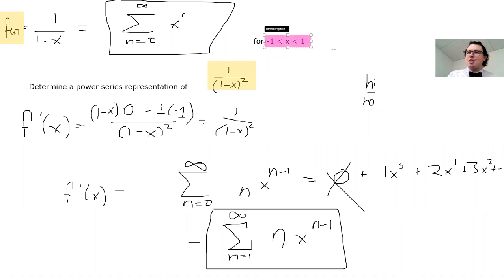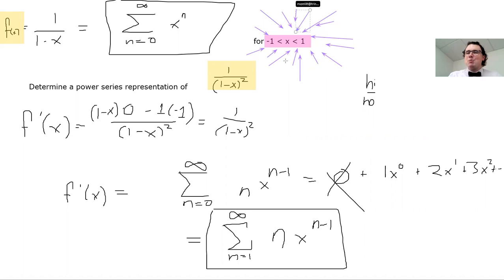So all the calculations I'm doing require this assumption right here. Working with a power series in this way is only valid on the interval where that power series converges.